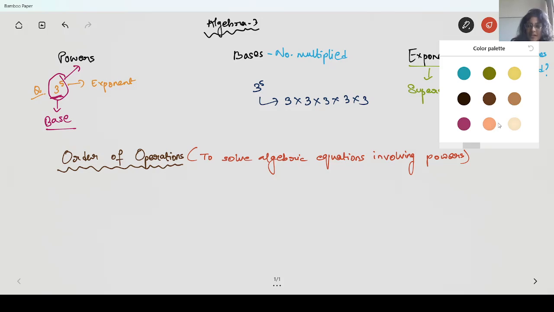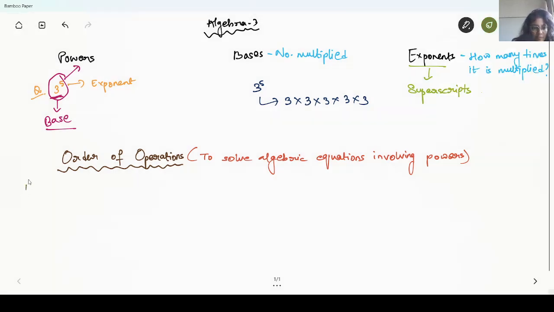I'll explain with the help of examples, but before that, let us see what the steps involved are.